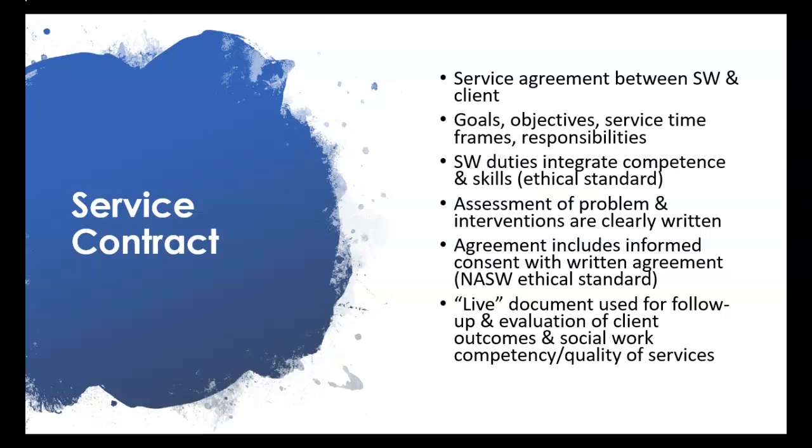The social work duties integrate competence and skill. When you're listing what your responsibilities are in the service contract, it should also include your competencies and your abilities to meet the needs of the client.